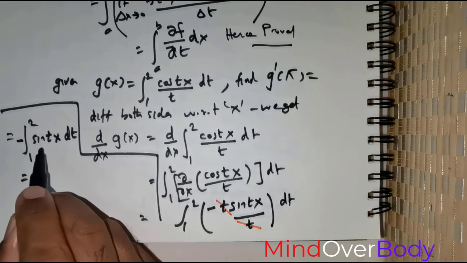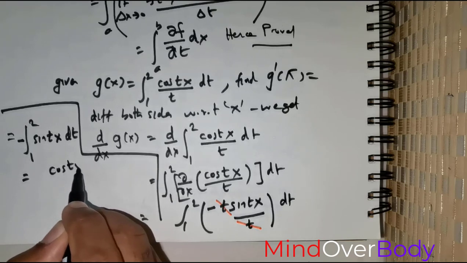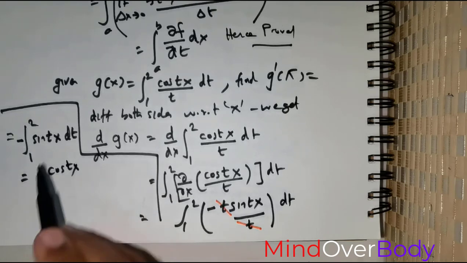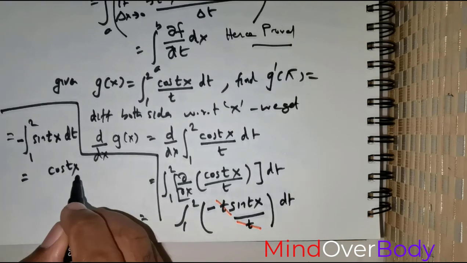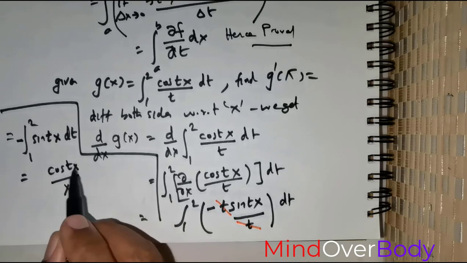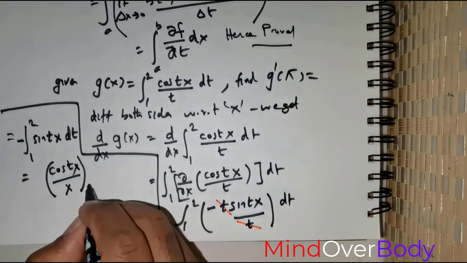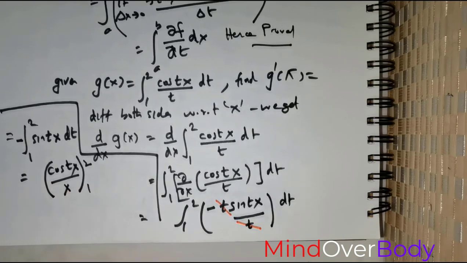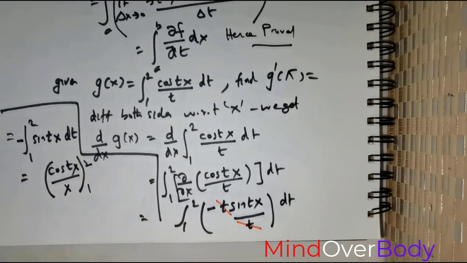So we are going to get cos(tx). Now the coefficient of t is x, so I divide by x, and the limits are 1 to 2, so there is no change in the limits. The limits have to be applied for t because the integration is done with reference to t.